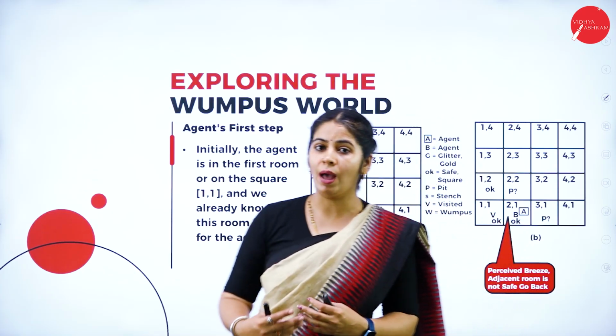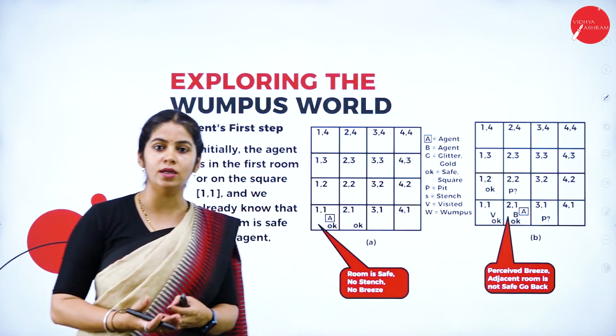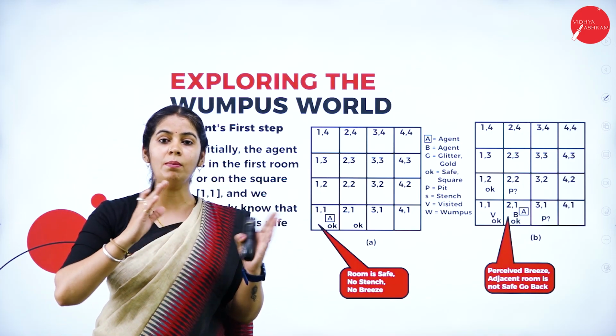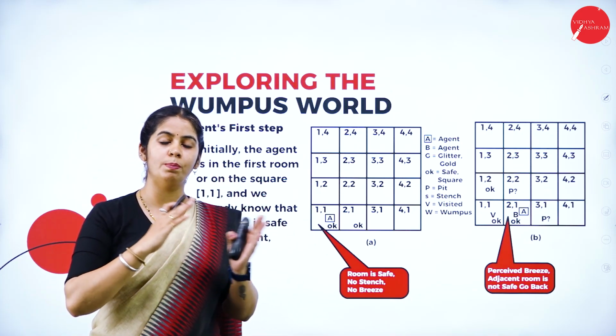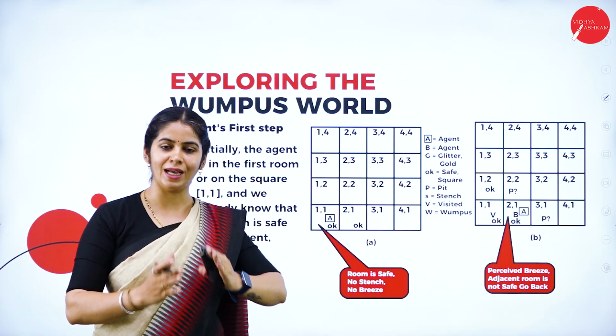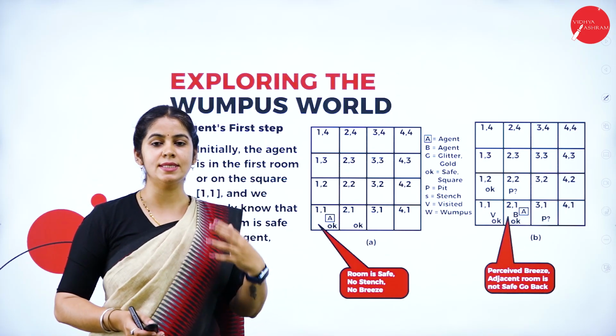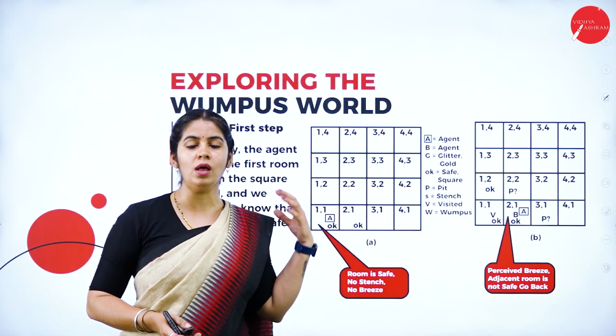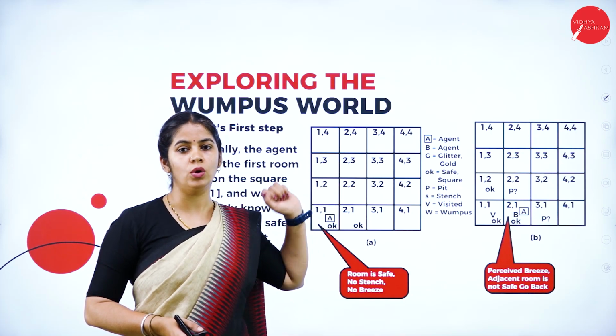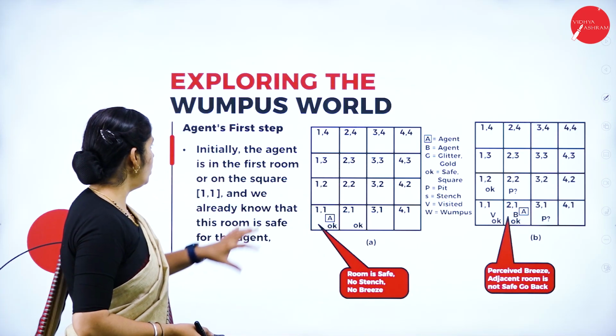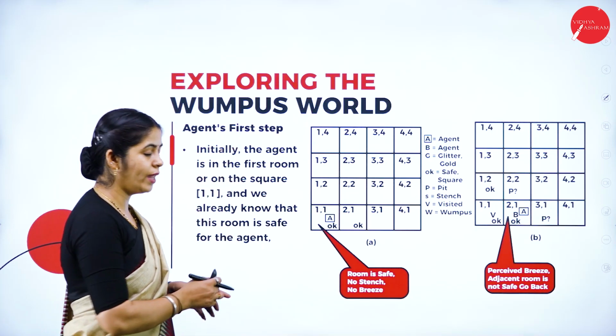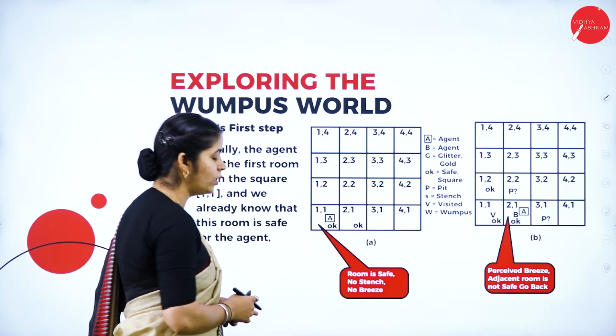So, exploring the Wumpus World problem, how can we reach the gold? Now we have given the problem: what the environment is, what the outcome should be, and what actions the agent can take. Now let us see how he can reach the position where the gold is present. In the first step, the agent is in 1,1.